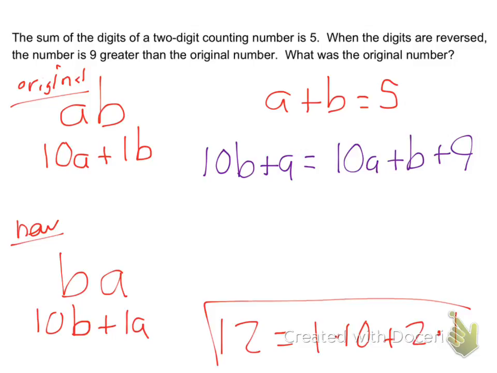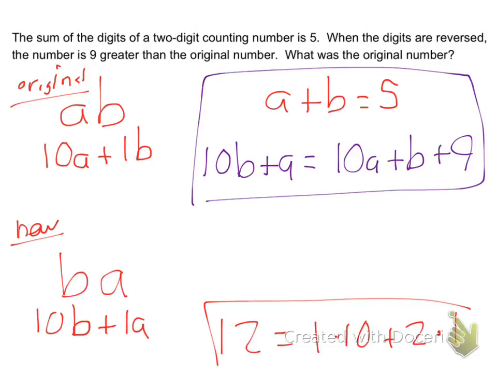You now have 2 equations, 2 unknowns. The top one's in standard form: A plus B equals 5. Can you place the bottom one into standard form? I'm going to fix this. That's an A, not a 9.